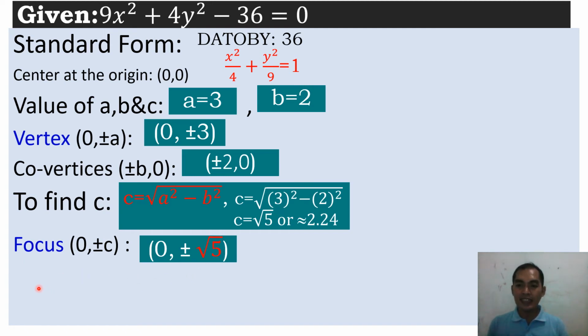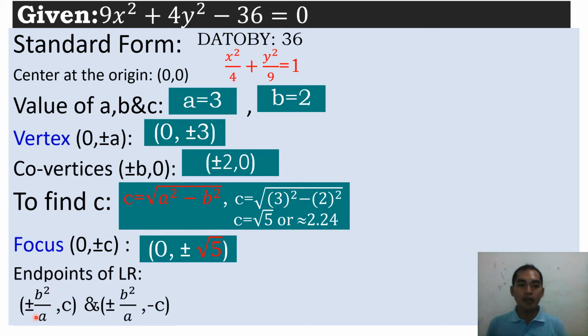Another na kailangan natin ay the endpoints of the latus rectum. So we have positive, negative B squared over A, C. Tandaan nyo lang kung ano yung given sa focus, kung saan nakalagay yung C, doon din nakalagay ang value sa endpoints of latus rectum.